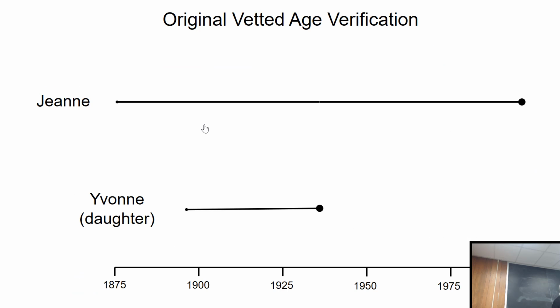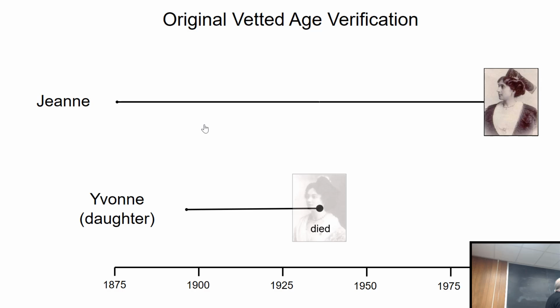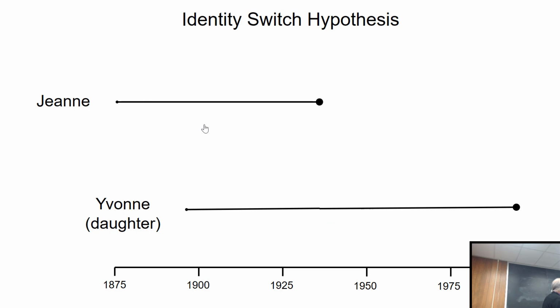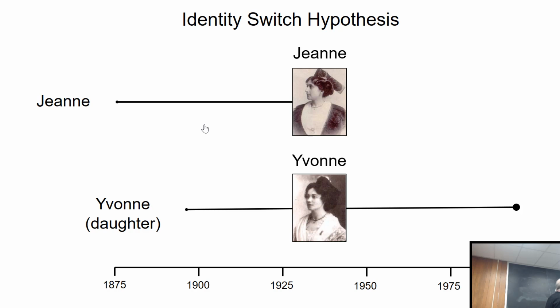Okay, so the hypothesis: Yvonne assumed her mother Jean's identity when she died in 1934. Here's the original: this is Jean, and then she died, and then she went on. Jean, just as the original story goes.